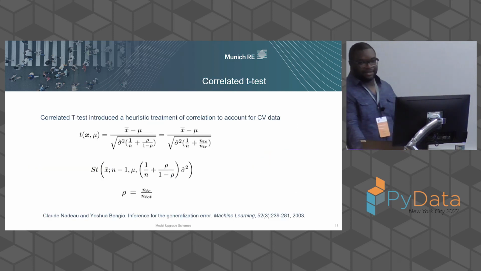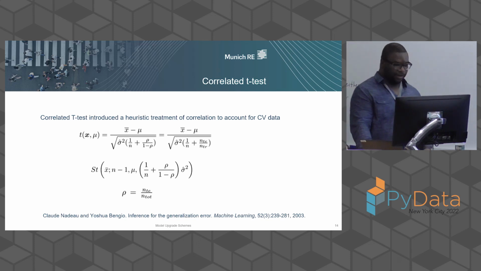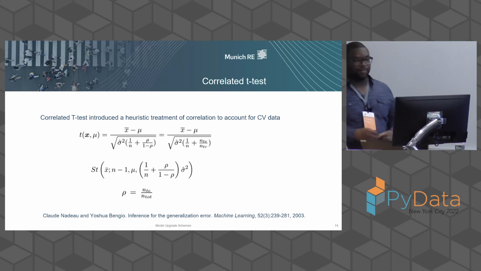One of them is the correlated t-test, which was put together by Nadeau and Bengio. I have this here just to point out the difference between this and the previous method that I looked at. Basically, you introduce this heuristic, an approximation for a correlation, which is dependent on the number of samples you have in your test set and your training set.